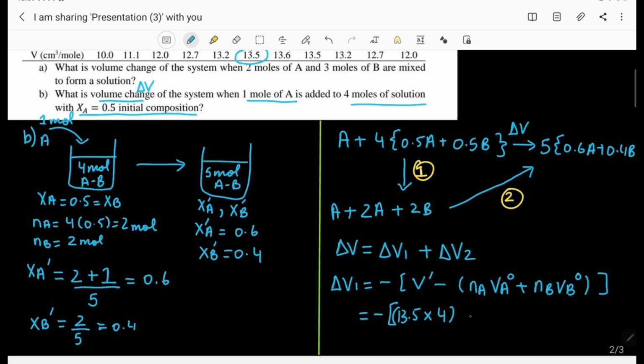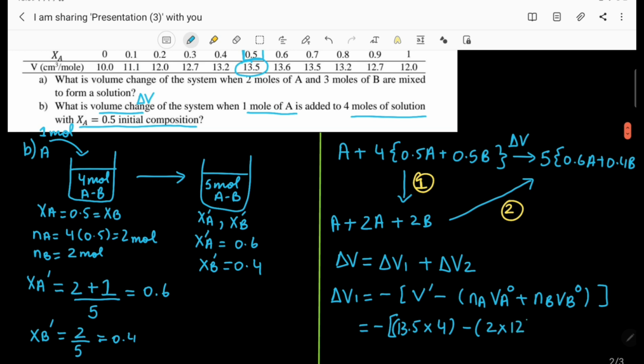So we can multiply it by that, minus 2 times, as we calculated in part 1, it's going to be 12 over here, plus 10 times 2, and this gives us minus 54 plus 44, and this gives us minus 10 cm cube.